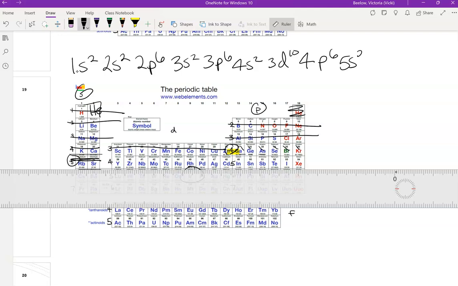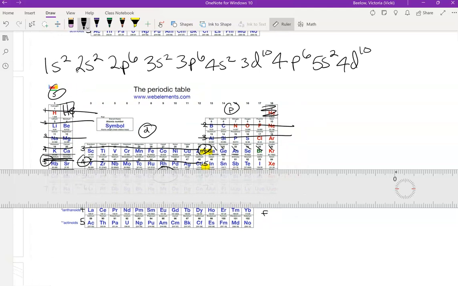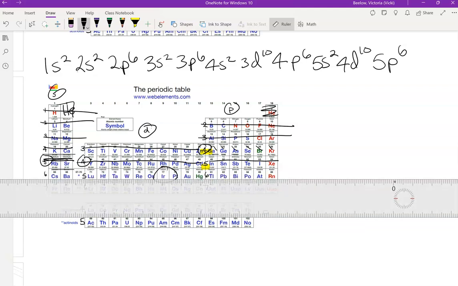Just going to cross that out. Now I'm here, 4d, and then again there's 10. Now I'm here, you see that 5 here. So this would be 5p6. Now I am here, 6s2.